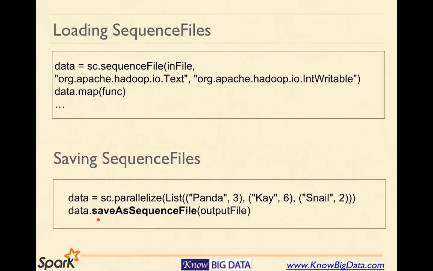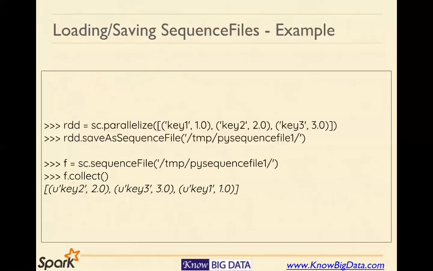This makes life very easy because sequence file is supported by many more engines, not only Spark. Here we read the data, save it as a sequence file, and then read it back from the sequence file.